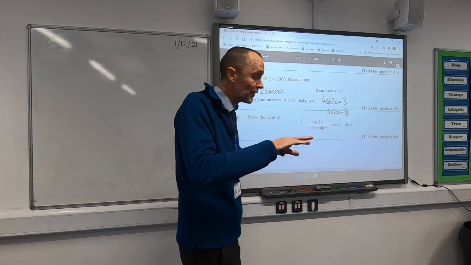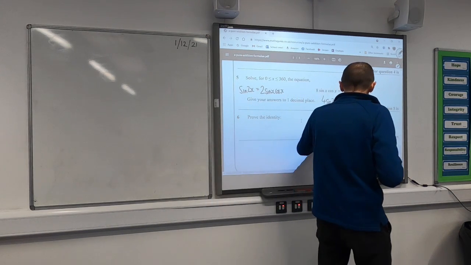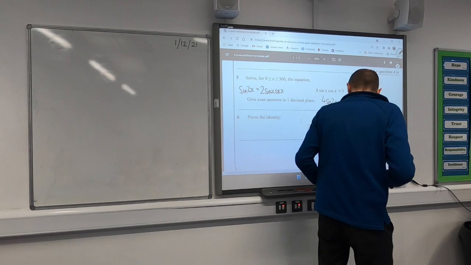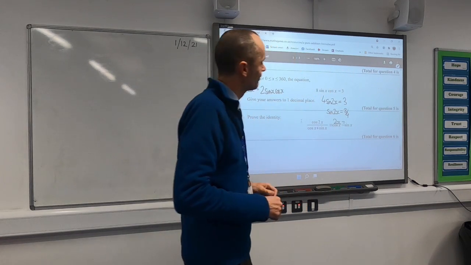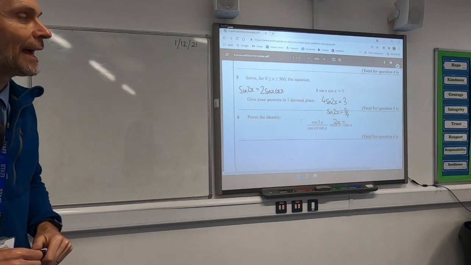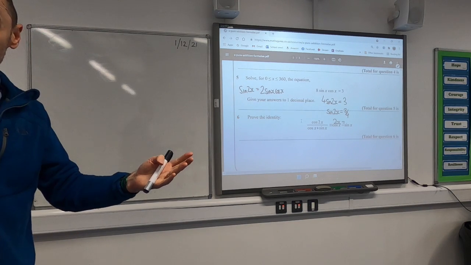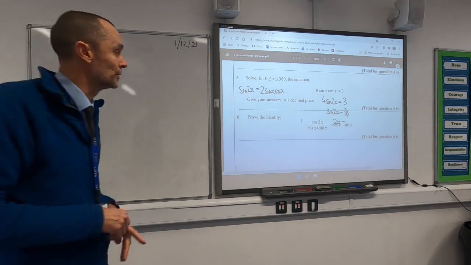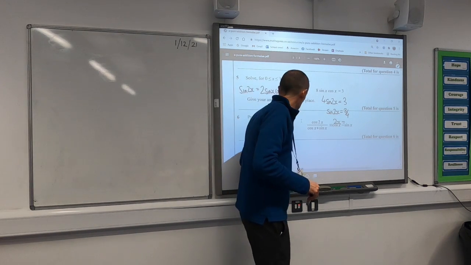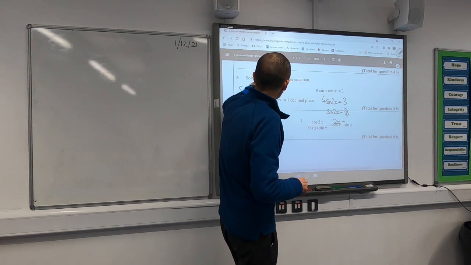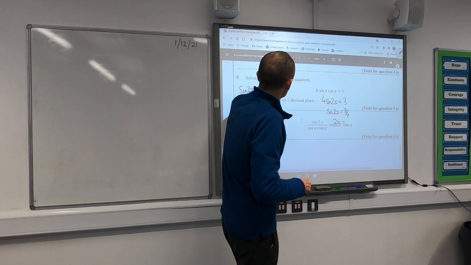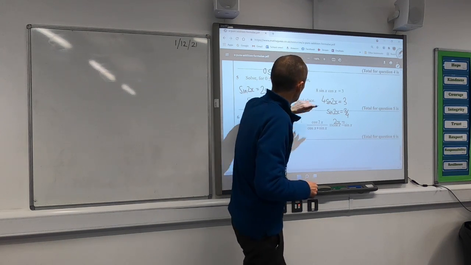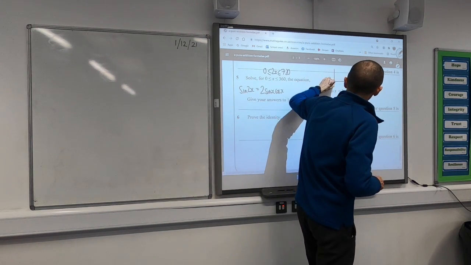And I can shift sine that to get what 2x is equal to. And then when I get all my 2x solutions, I can halve them to get my x solutions. Now, x is between 0 and 360, so I'm going to have to go as far as 720, and with sine, that means 2 full cycles.